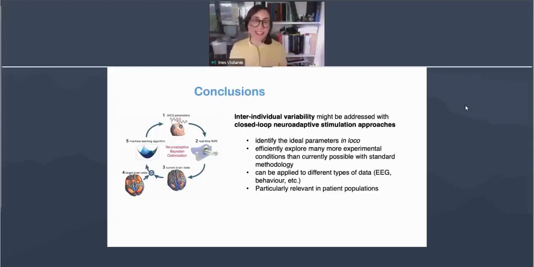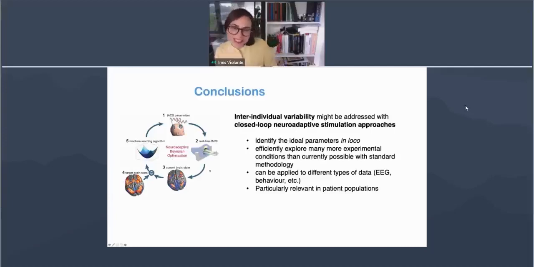At least at this initial stage, we want to make sure that we are optimizing something that we are confident is generating different patterns in the brain, in areas that we're interested in, and on a particular task that we're interested in. So the next steps are going to be closing the loop.